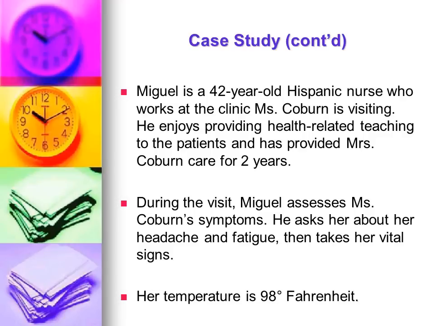He asks her about her headache and fatigue, then takes her vital signs. Her temperature is 98 degrees Fahrenheit. So think about what other vital signs Miguel needs to check. He's checked her temperature, but what other vital signs do you think are important as well?